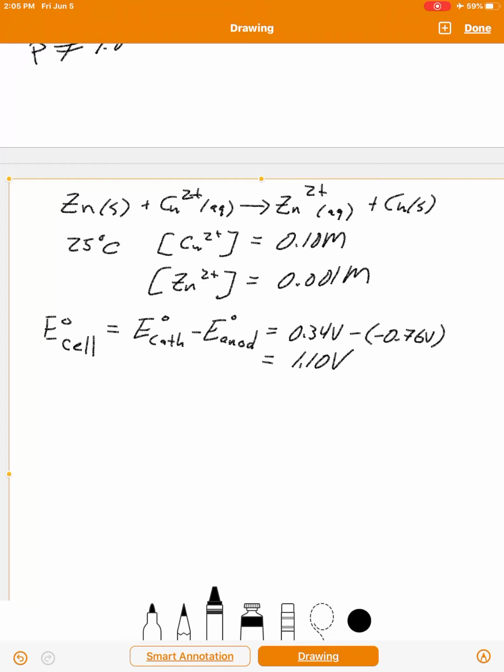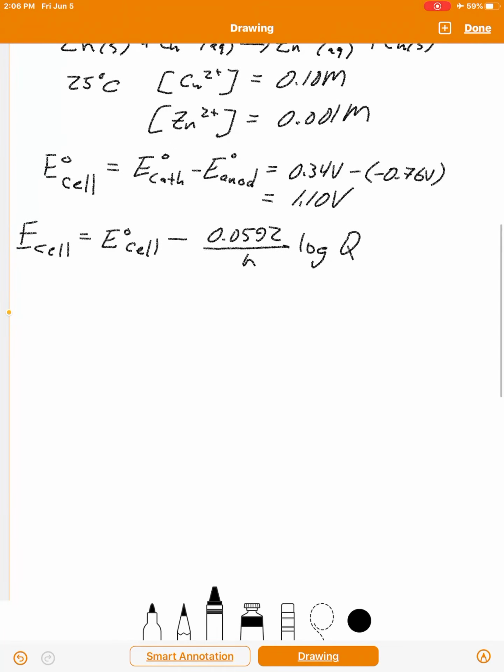But now, can we calculate the cell potential by using the Nernst equation? Well, we would take the standard cell potential, and we would subtract from that 0.0592 over n times the log of Q. In this example, we now know this is 1.10, and this is 0.0592, and we're going to divide it by n and then multiply it by the log of Q. So let's figure out what n is. n's easy, it's 2, and here's why.